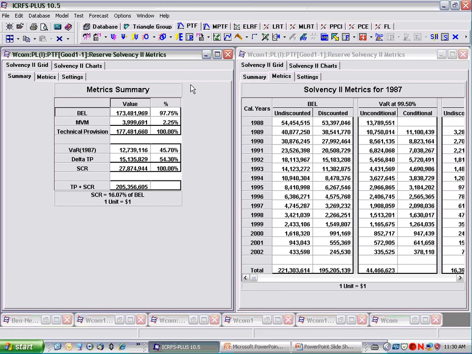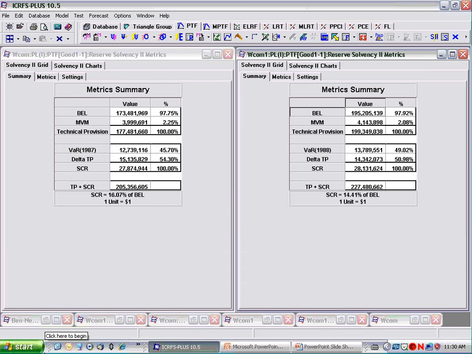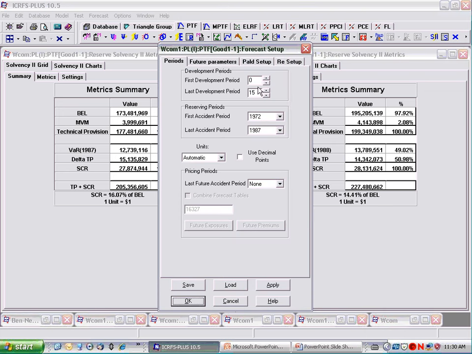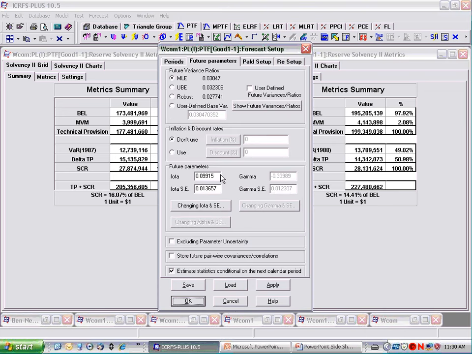So let's look at the summary. Okay, if I went to WCOM1 and then decided, hold on a minute, I don't want to forecast with a trend of 10%. Let's use a different trend. Instead of making it 10% or 9 point something, why don't we make it 15? Let's make it 16. Well, of course, all the answers will be inconsistent.